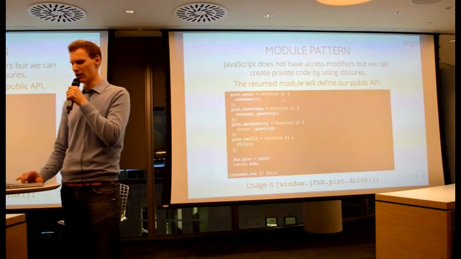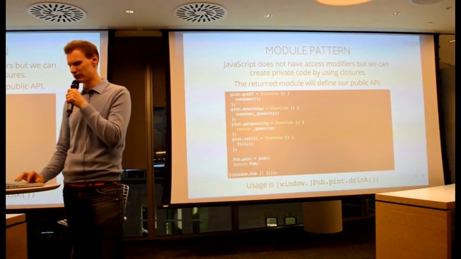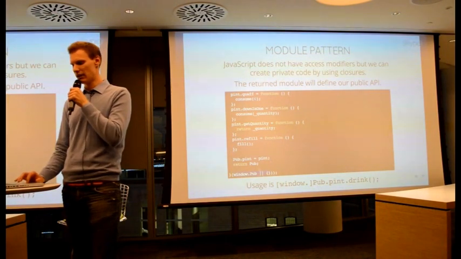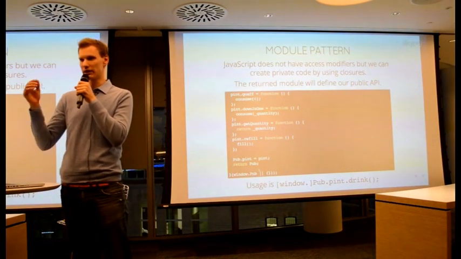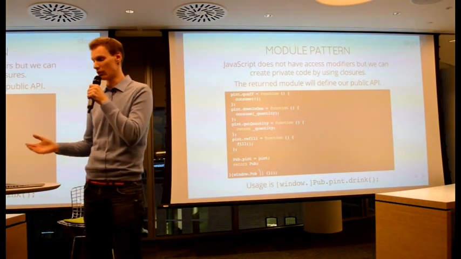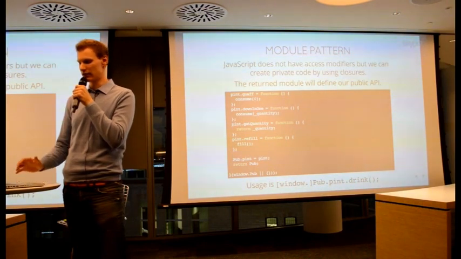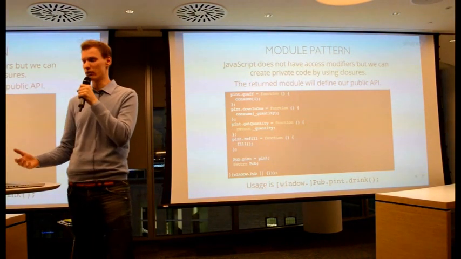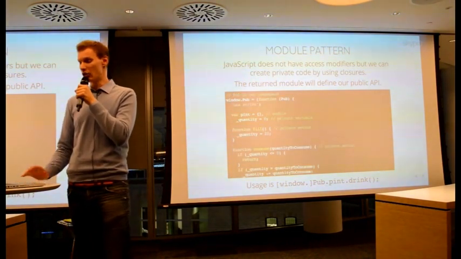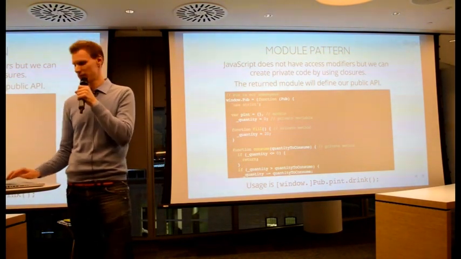And if we look at the bottom, we see that instead of being called without any parameters, we have this strange syntax, which basically means if you have already something on the window.pub object, you pass that one to the self-executing function. Otherwise, you create a new object. And then we add whatever we like to our pub namespace, and then we return that namespace, which will be assigned to the global object called window.pub. Is it clear? I think so.